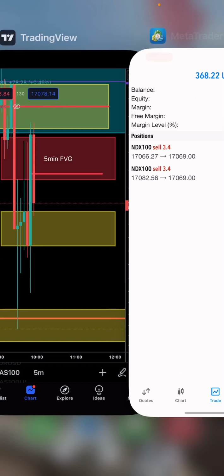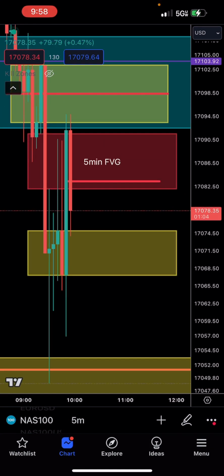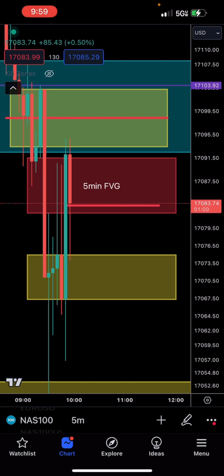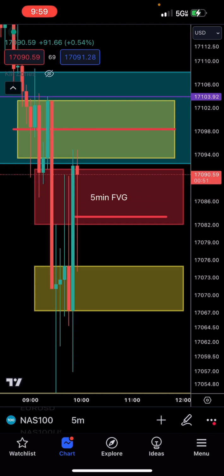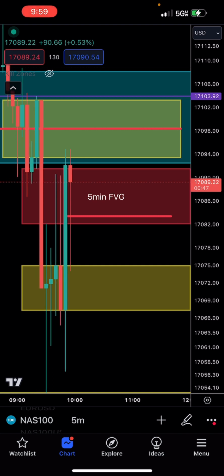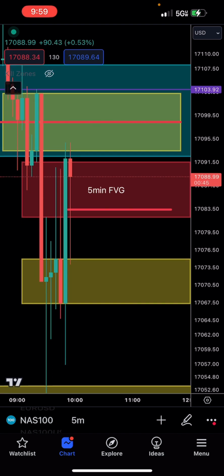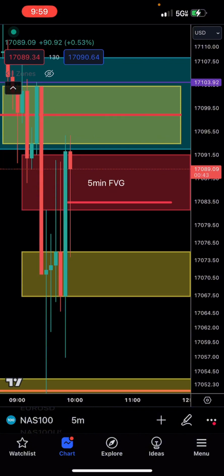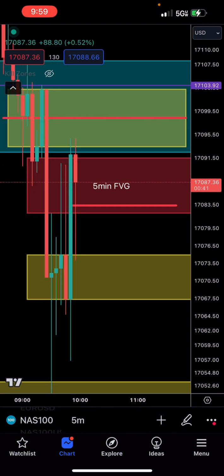Right now, where that one entry was horrible. See how it just reacted off of that order block? That's what I don't want to see. So I'll try to be a little bit more patient with it, because that was the first touch. But that is what I do not want to see.